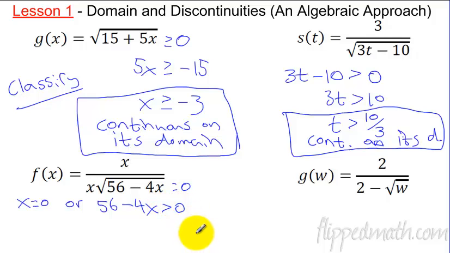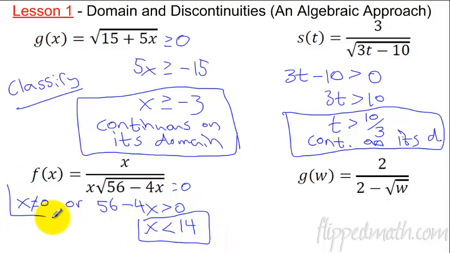We're going to say that it's greater than 0 because it is a radical there. We already know that x cannot equal 0. When we solve this, we subtract 56 and divide by a negative 4, so that changes the sign. X is less than 14. So we have x is less than 14, and x cannot equal 0.